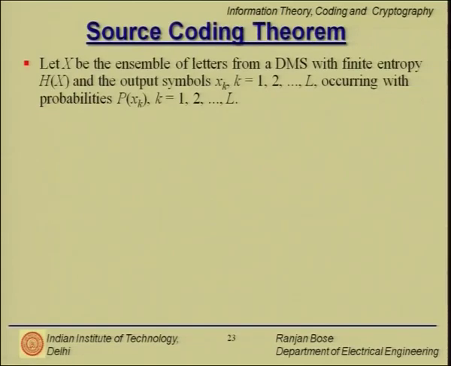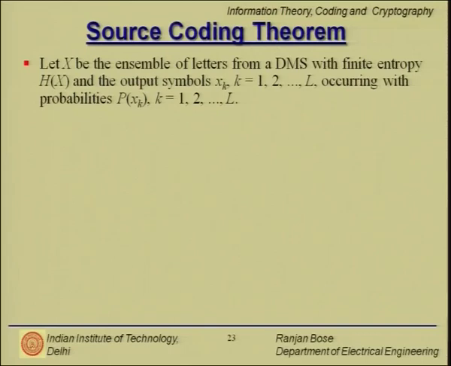Now, we come to a very important theorem called the source coding theorem. It deals directly with the amount of compression we can achieve. So, let X be the ensemble of letters from a discrete memoryless source with finite entropy H(X), and the output symbols be x k, where k is equal to 1, 2, 3 up to L. So, we have got L distinct symbols, and these symbols are not equiprobable.